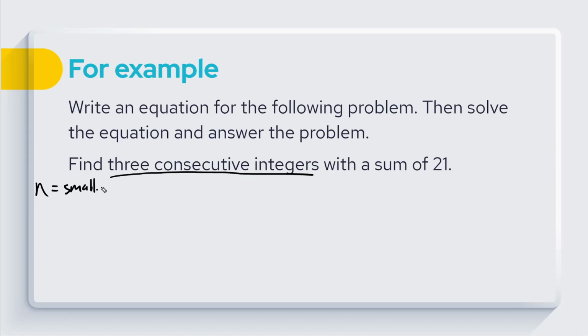our smallest integer. And it's important that you do this step here where you define your variables, because if you do not define your variables, I will automatically deduct points from any kind of summative that you do, especially if it says something like write an equation.